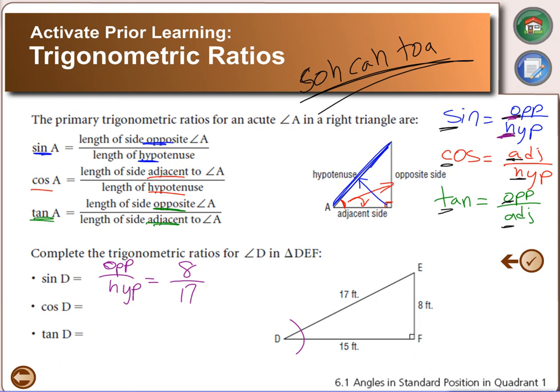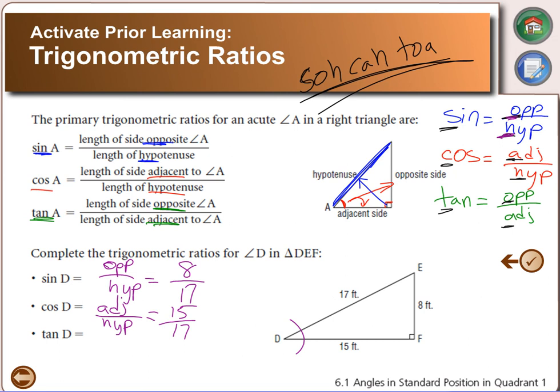Still referring to angle D, we've got cosine. Cosine is the adjacent compared to the hypotenuse. So we've got our adjacent, which is 15, compared to our 17 hypotenuse. So 15 over 17, again, is that lowest terms? Yeah, that's where we would stop.